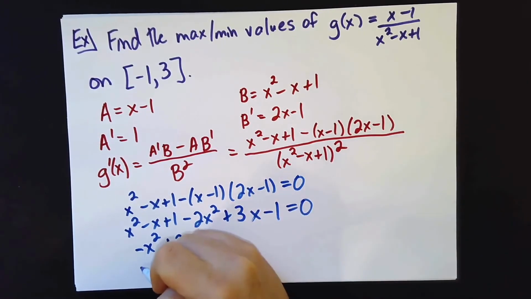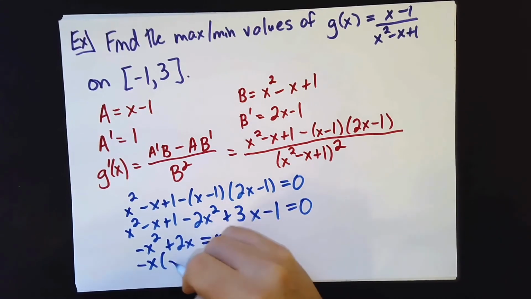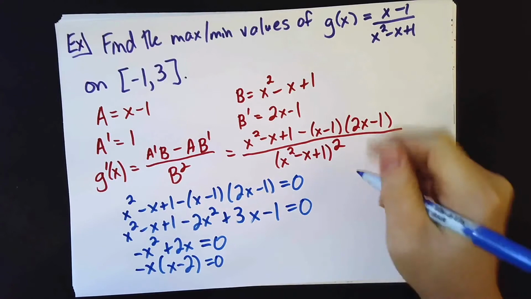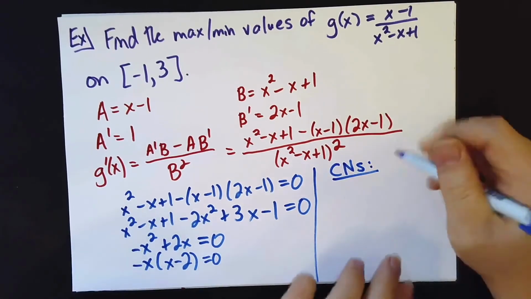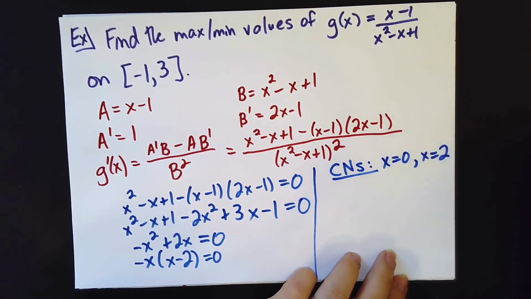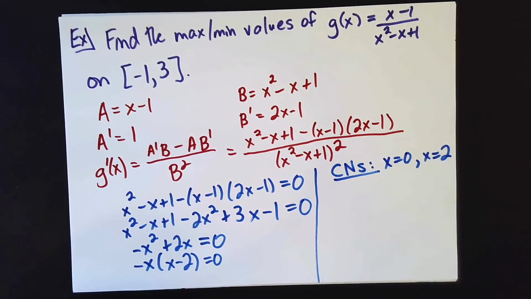And so factoring a minus x out of that, I'll get minus x times x minus 2. And so that means my critical numbers are, in fact, x equals 0 and x equals 2, both of which happen to live inside my interval.